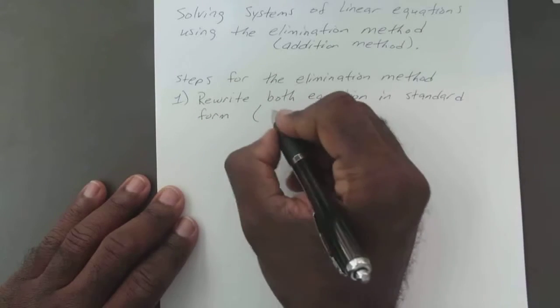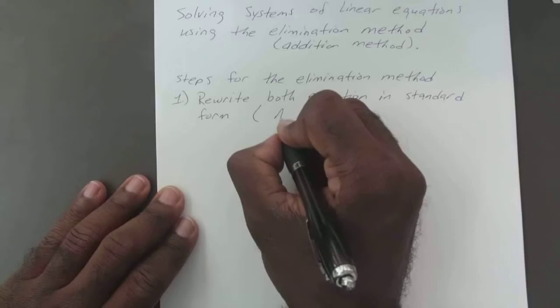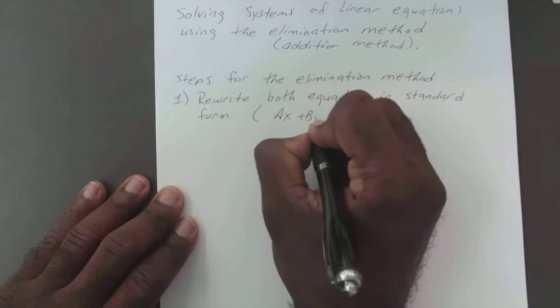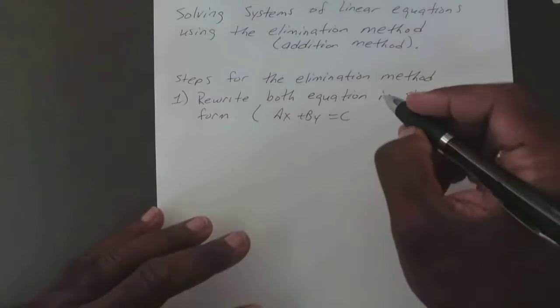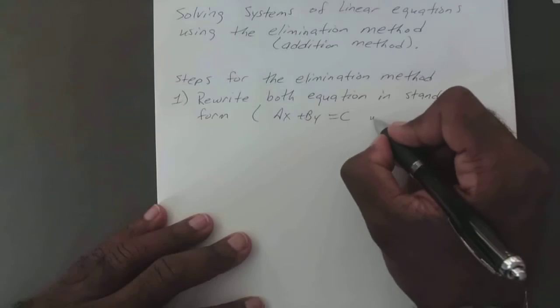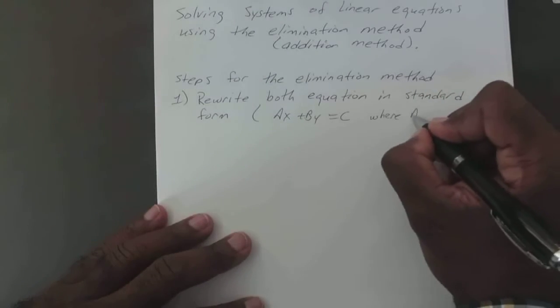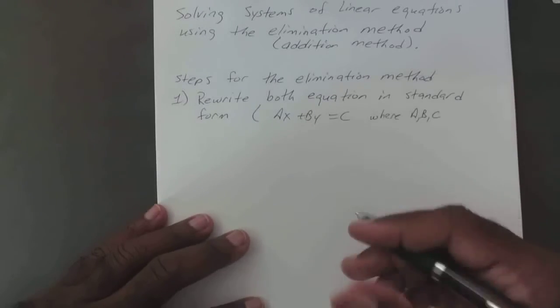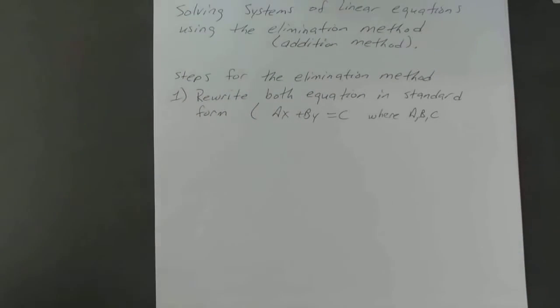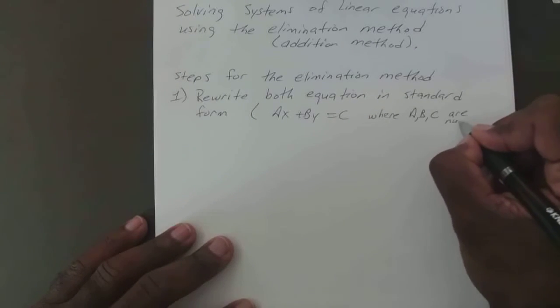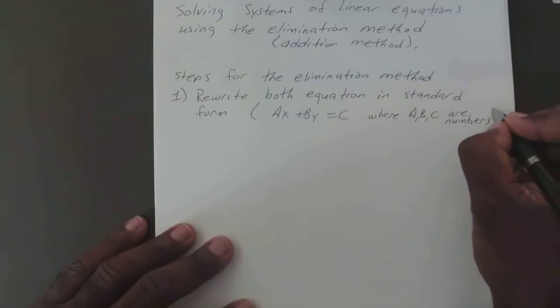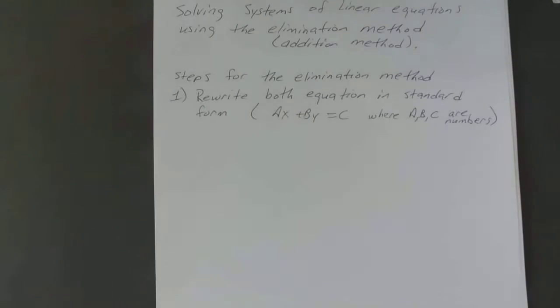Okay, and that just means ax plus by equals c. All the variables are on one side, where a, b, and c just represent numbers. I just put them in place to mean any number at all. As long as all your variables are on one side, it's in standard form.